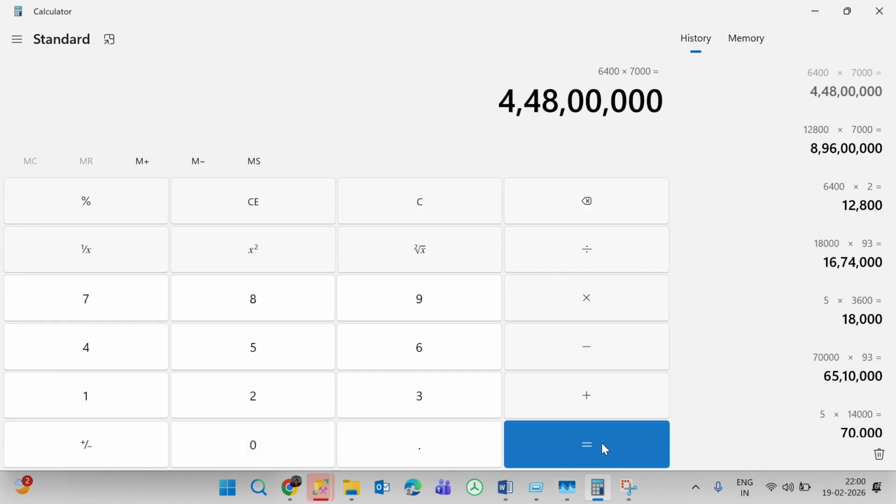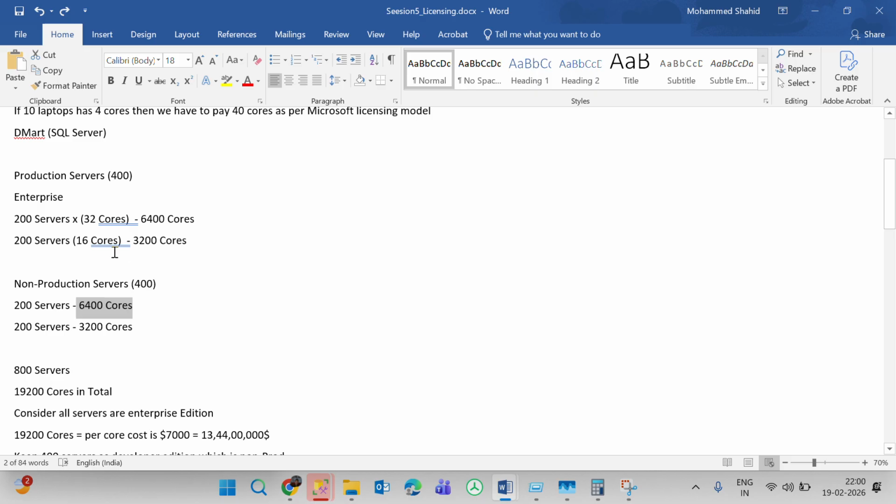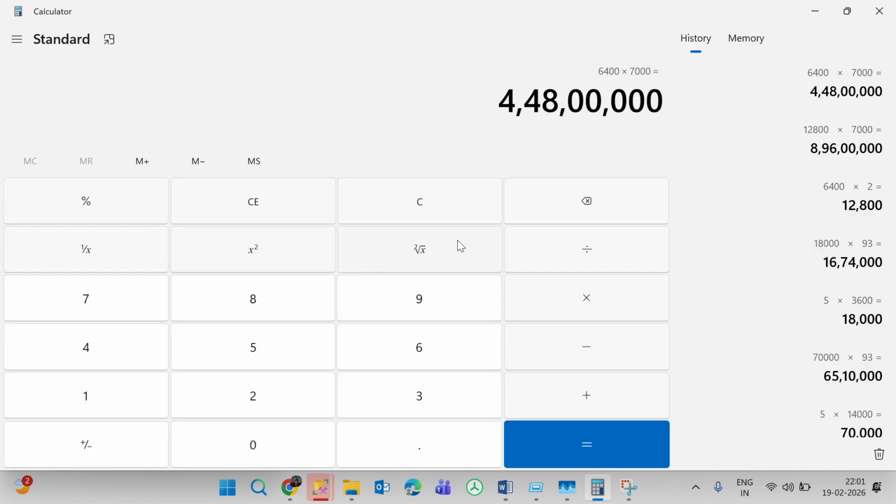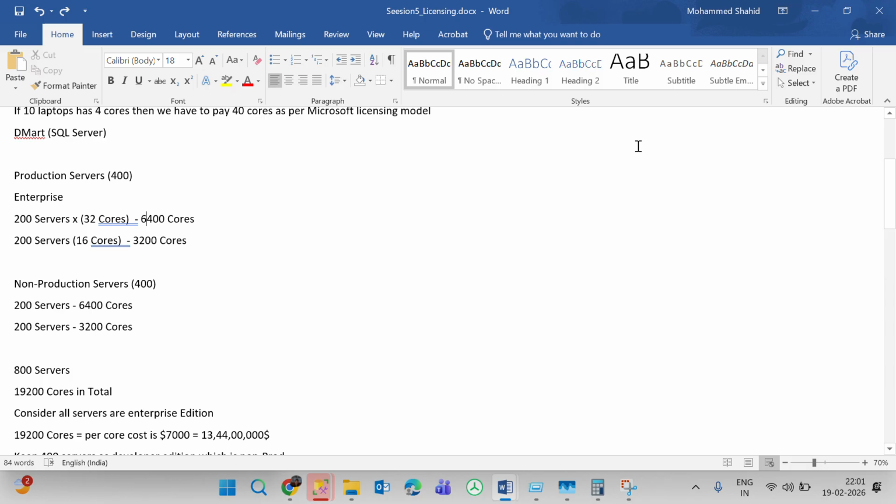That is for 16 cores in that environment; the one before I talked about was 32 cores. So it will cost around 4.5 crore dollars. So this one is very cheap by comparison.